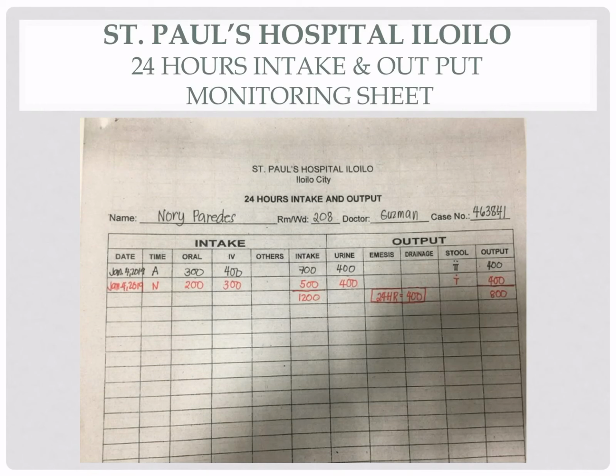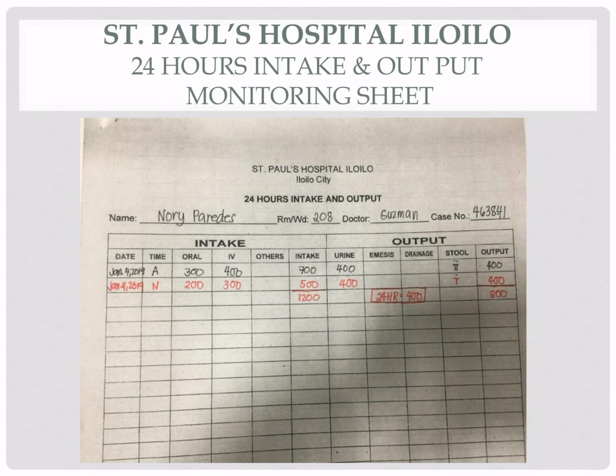In this example, we have a total of 1,200 intake. For your output, it's 400 plus 400, so it's 800. Obviously, we have an intake of 1,200 and an output of 800.